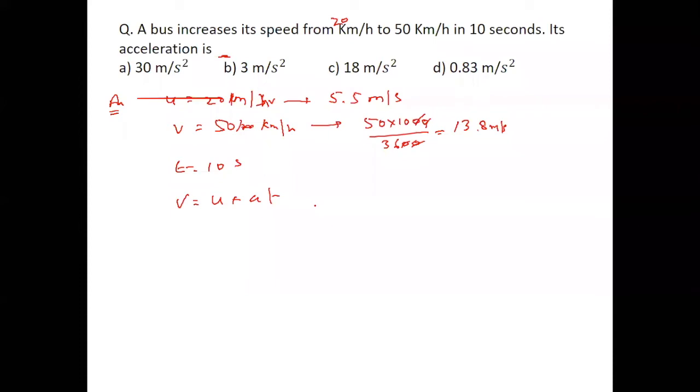So we have given four options: 30 meter per second, 3 meter per second, 18 meter per second square, and 0.83 meter per second square. Which is the correct answer? Calculate based on the previous. We calculated before. Who can give the answer first?